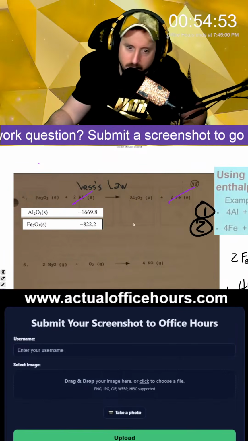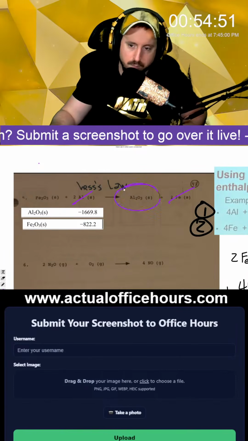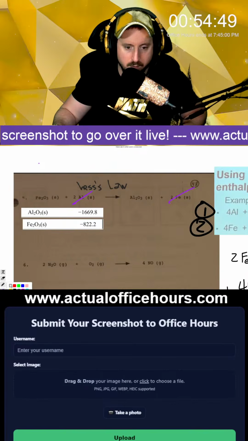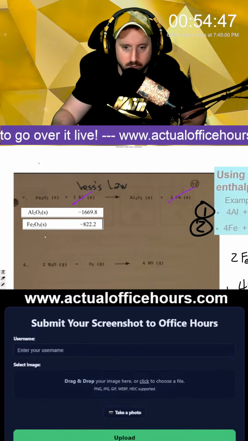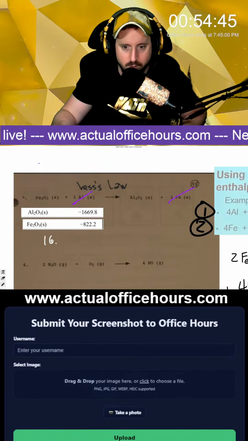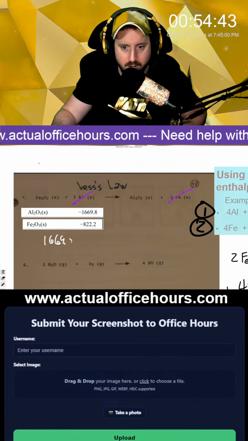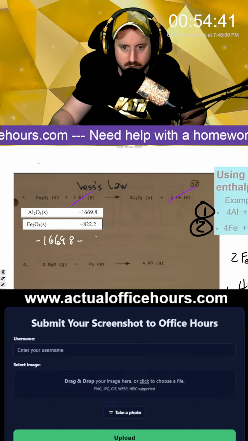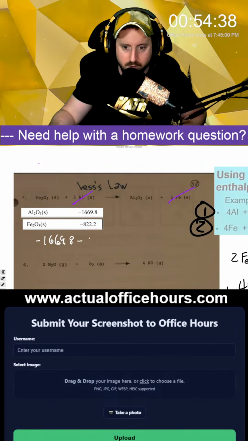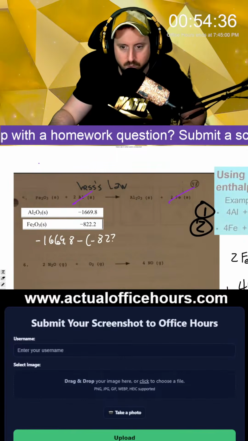Okay. And then it's just products minus reactants. Yeah. So this is just negative 1669.8 minus negative 822.2.